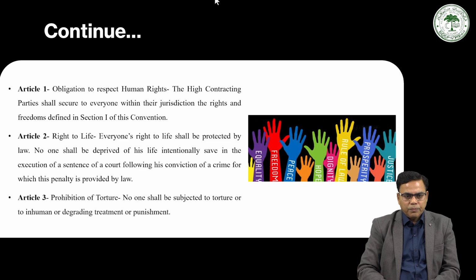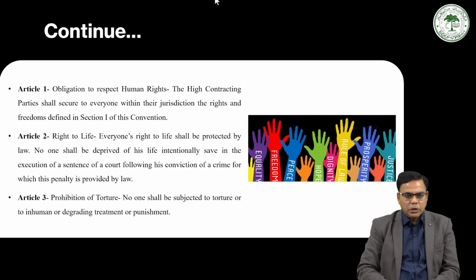Everyone's right to life shall be protected by law. No one shall be deprived of his life intentionally, save in the execution of a sentence of a court following his conviction of a crime for which this penalty is provided by law.